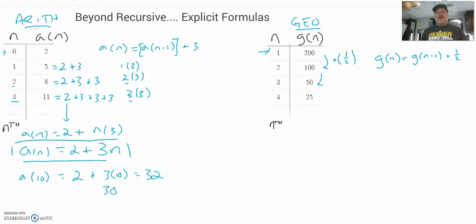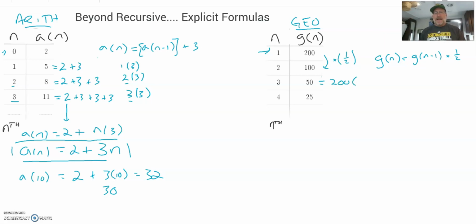Notice here on the right, geometric, I am starting at 1. We need to be careful then. When I go to make the nth term, I'm going to double check it. I'm going to play a guess and check game to see what the answer needs to be. Okay? Again, follow the pattern. How I got the 50, I'll just jump to the 50 since you're getting the idea, is I started with 200.